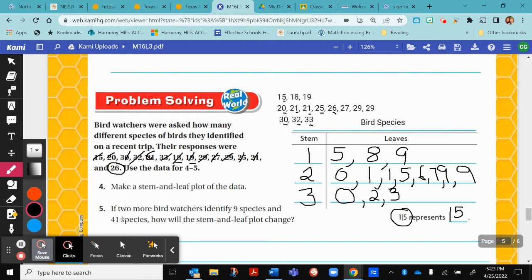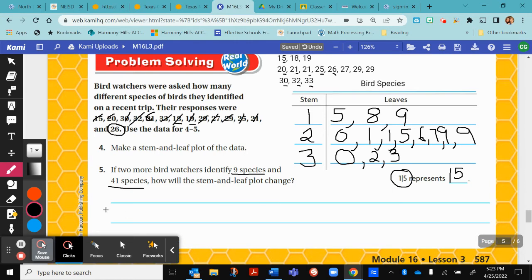We're going to add 2 more bird watchers to make a total of 16, which identified 9 species and 41 species. How will this change our stem and leaf? So I'm going to go ahead and type this out.